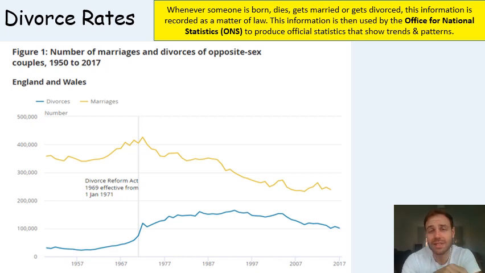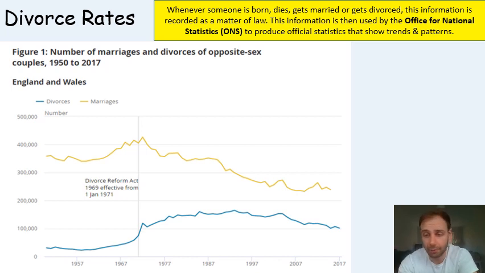This information is then used by the government and by the Office for National Statistics to produce official statistics that show trends and patterns. So we can 100% trust these statistics that are produced on births, deaths, marriages and divorce. The amount of people that were born in the United Kingdom, we can trust that rate, because when somebody is born, it has to be recorded.